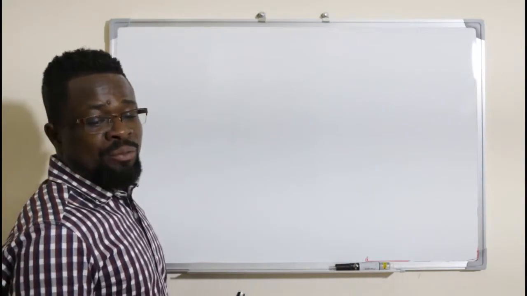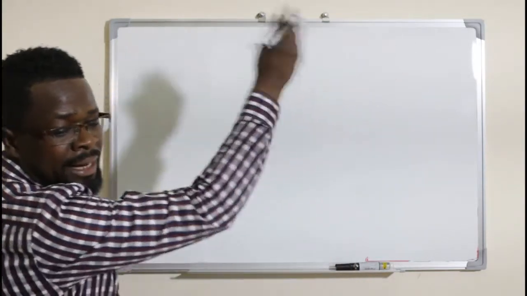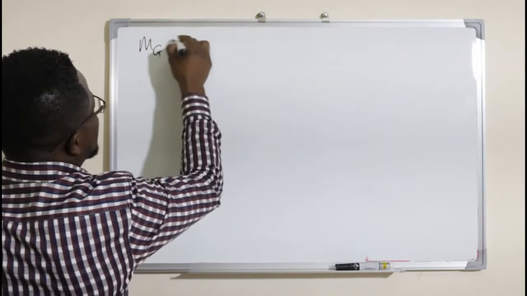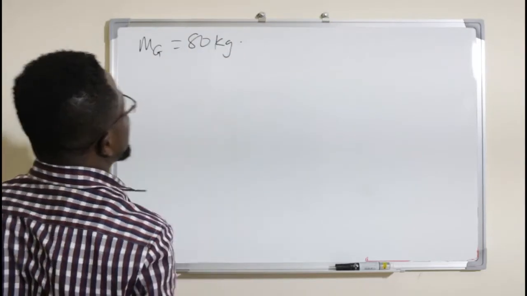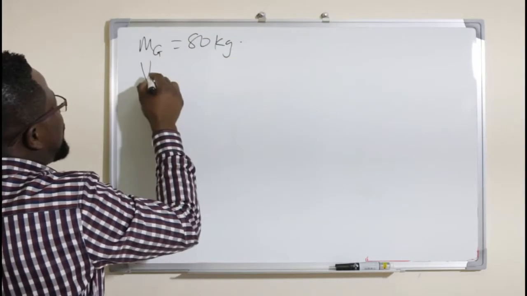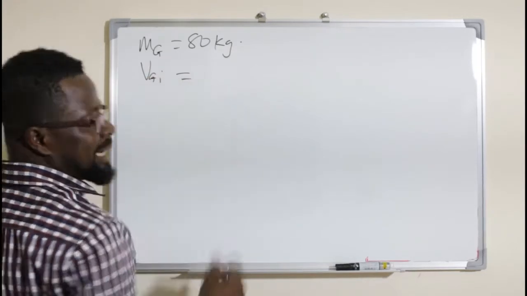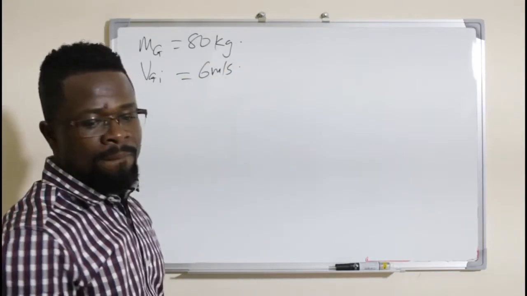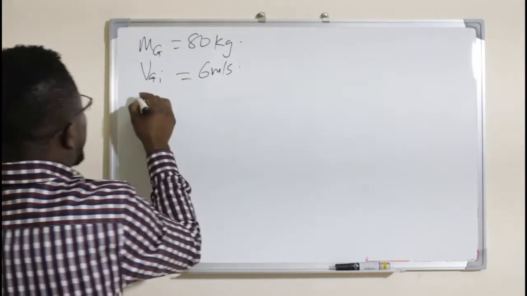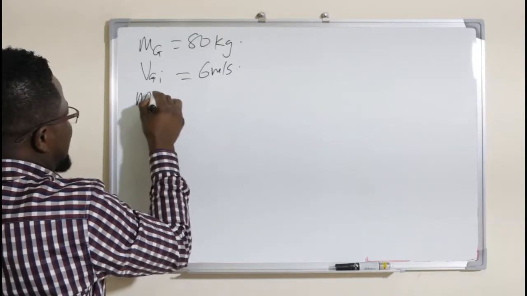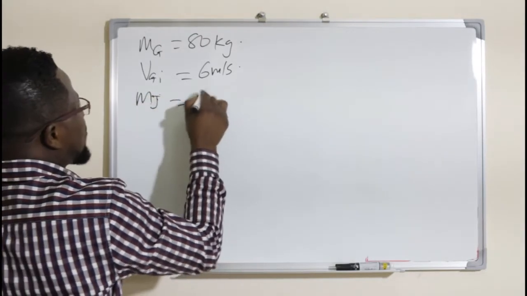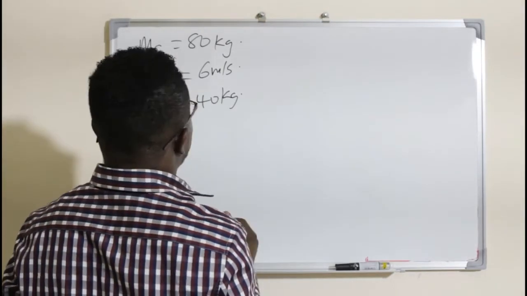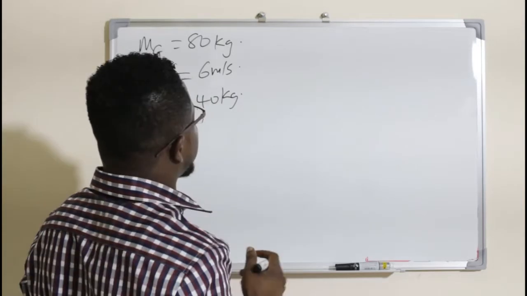If we look at the question, we can see that the mass of Granny is 80 kg, and the velocity with which Granny was moving at the initial stage is 6 meters per second. And we were told that Johnny has a mass of 40 kg. So Johnny has a mass of 40 kg and Granny is 80 kg.